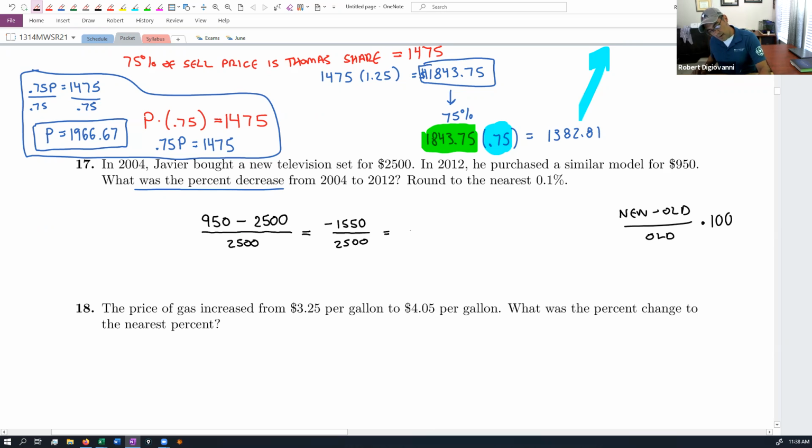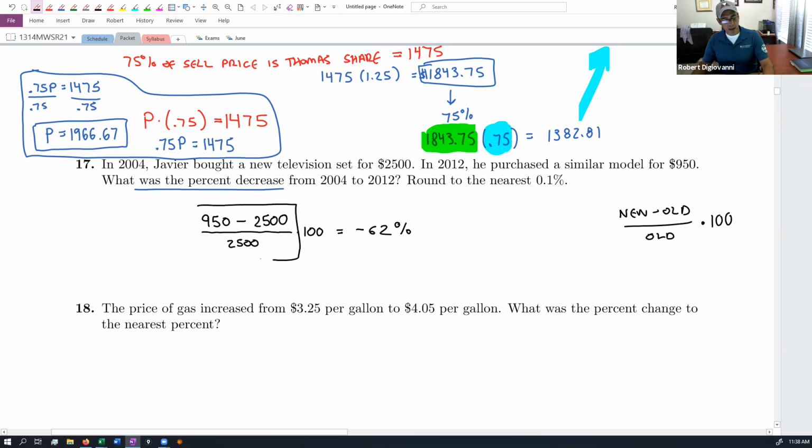And you should get negative, oh, sorry, I forgot to multiply by 100. And when you do that, you should get negative 62%. It's a negative number, which means that there was a decrease.